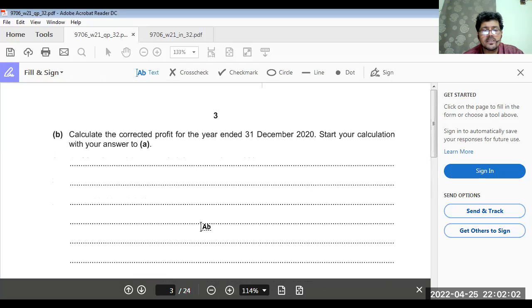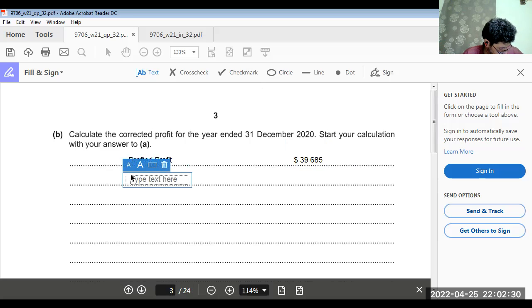Start your calculation with your answer in A. Now, the answer in A was the drafted profit. Drafted profit was $39,685.